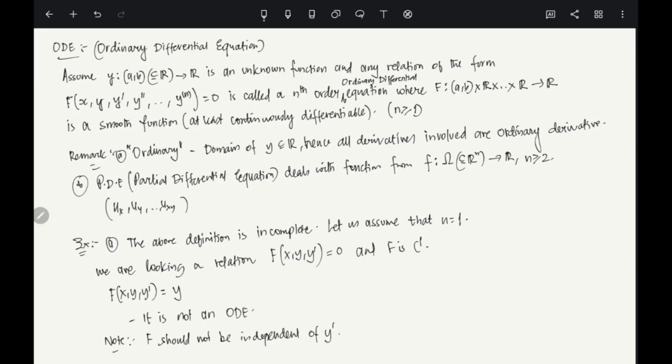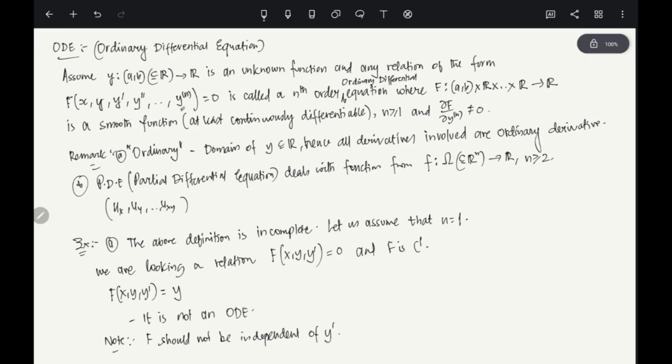We have to modify the definition. f is a smooth function, which is dependent, let me put it this way: n greater than or equal to 0 and del f del y^(n), with respect to the last variable, let's say if you think of it as z variable, del f del z should not be 0.